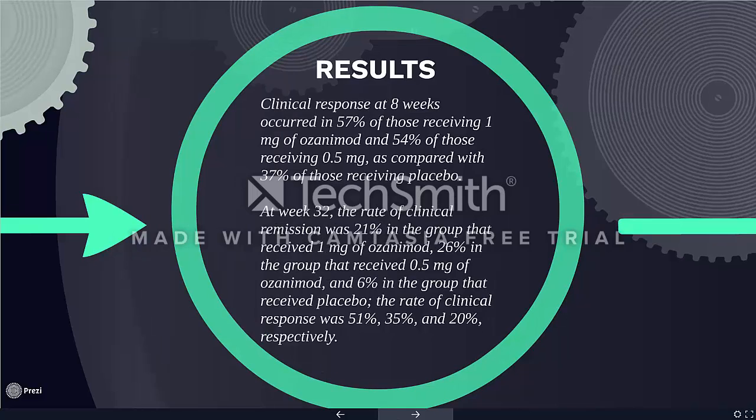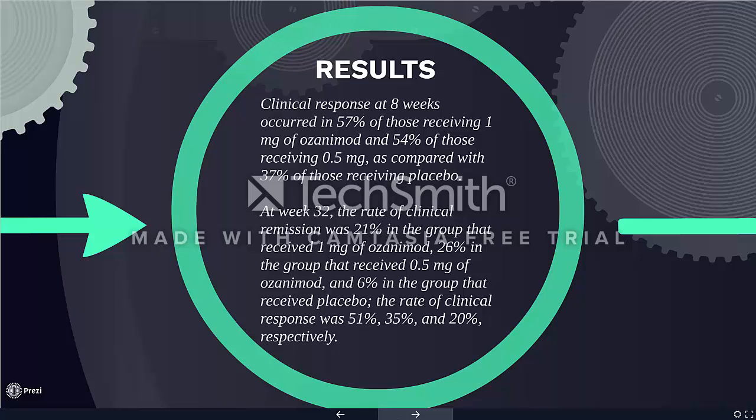The clinical response at 8 weeks occurred in 57% of those receiving 1 milligram of ozanimod and 54% of those receiving 0.5 milligram, as compared with 37% of those receiving placebo.